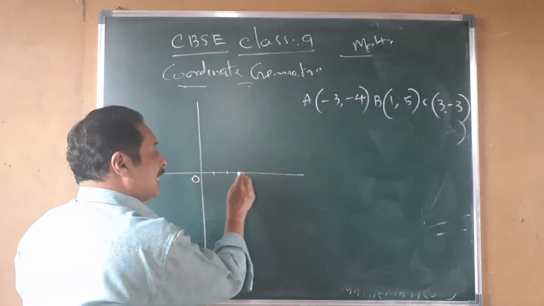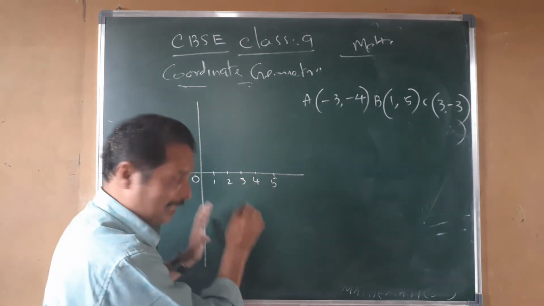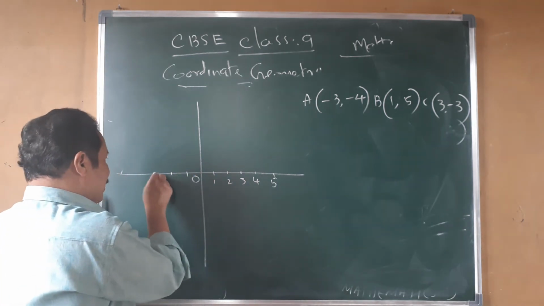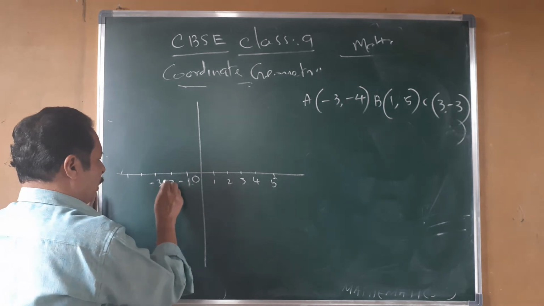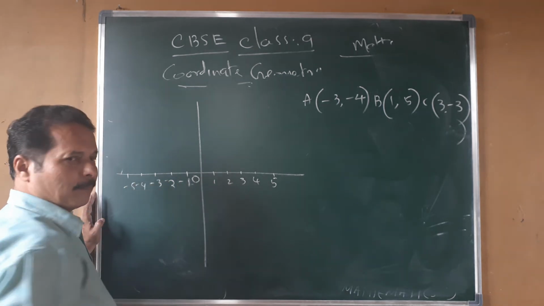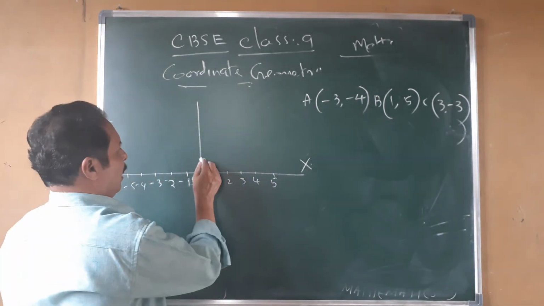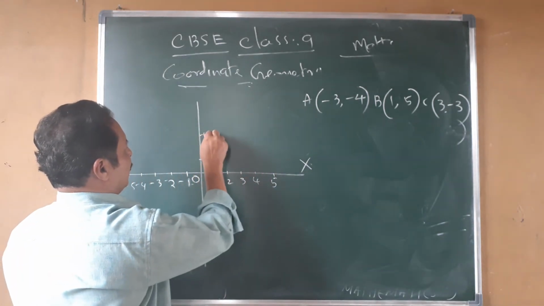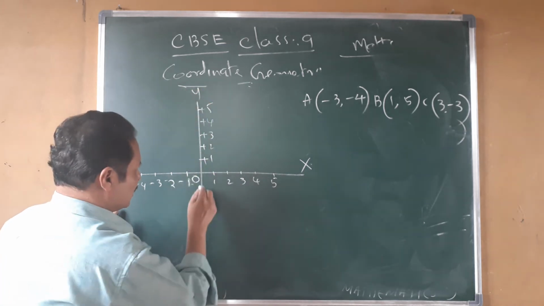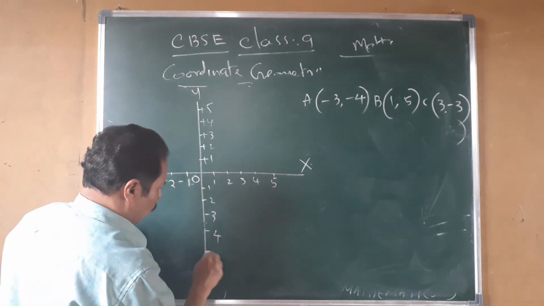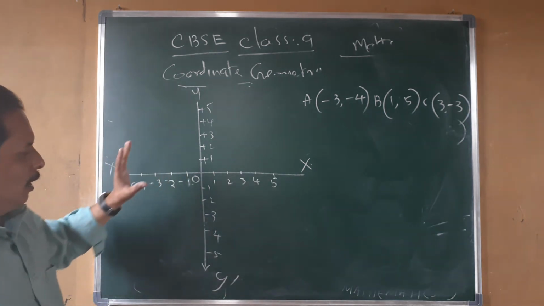And with 1 centimeter apart, you mark positive numbers on the x-axis. 1 centimeter apart, mark the negative numbers. Negative x-axis, positive x-axis, and 1 centimeter apart, the positive y-axis, 1 centimeter below, the negative y-axis.